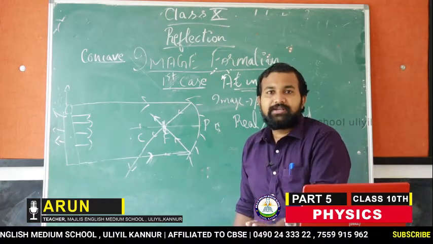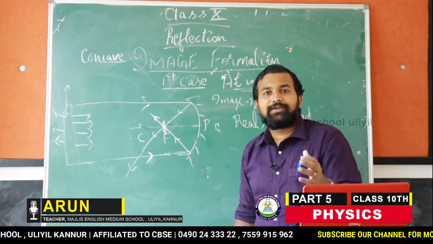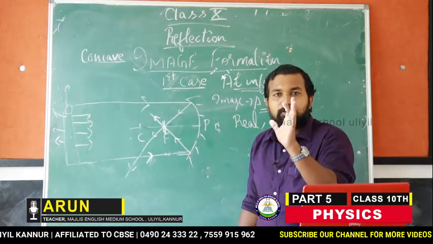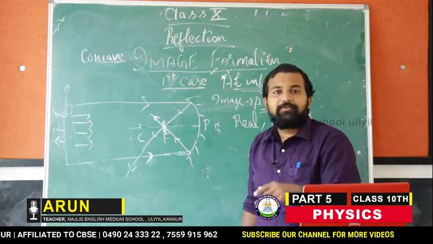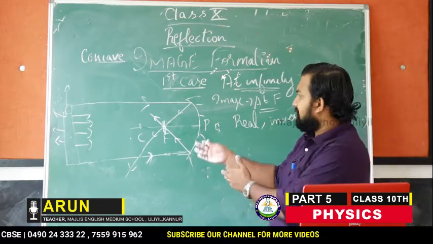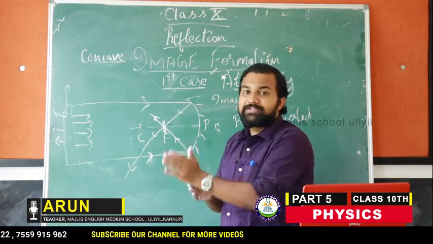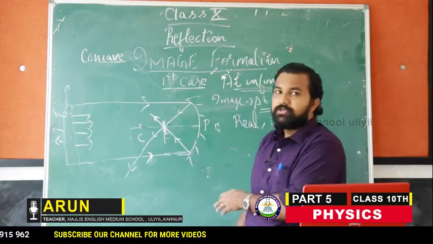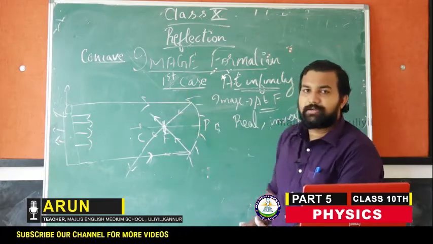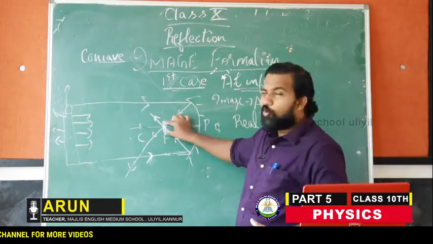You will understand it when we discuss the case of a virtual image, where a real image is not formed. When we discuss that case, you will understand the difference between real image formation and virtual image formation. Here the reflected rays are really meeting, and the image will be inverted and smaller in size.